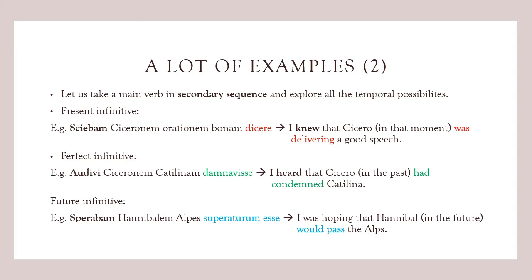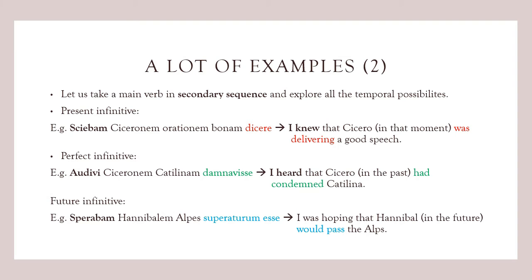Let's take another set of examples with the verb of the main clause being in secondary sequence, so being some kind of past tense. And let's explore even here all the temporal possibilities. So let's take an example with the present infinitive. Sciebam Ciceronem orationem bonam dicere. So we have our main verb, sciebam, which is secondary sequence because it's imperfect.